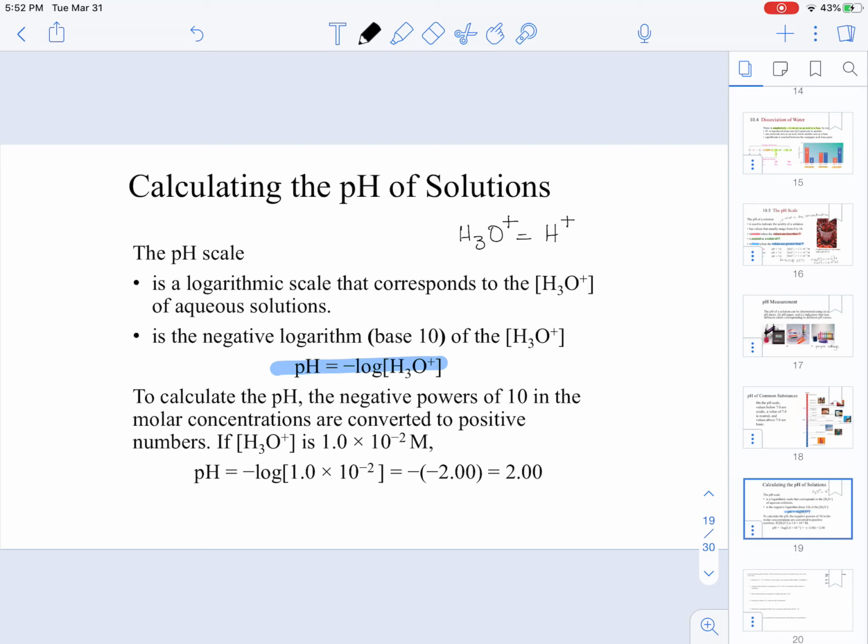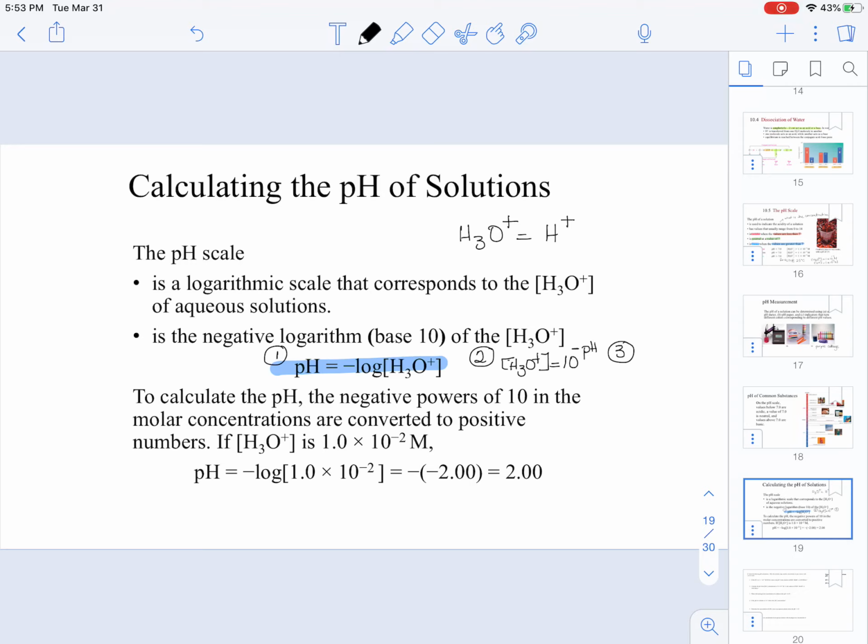Two more important equations that you guys should know when you're doing these problems for the quizzes or for the exam: if I'm given the pH, how can I tell the concentration of H3O+? The concentration of H3O+ or H+ is found when you take the pH and use it in the following equation.